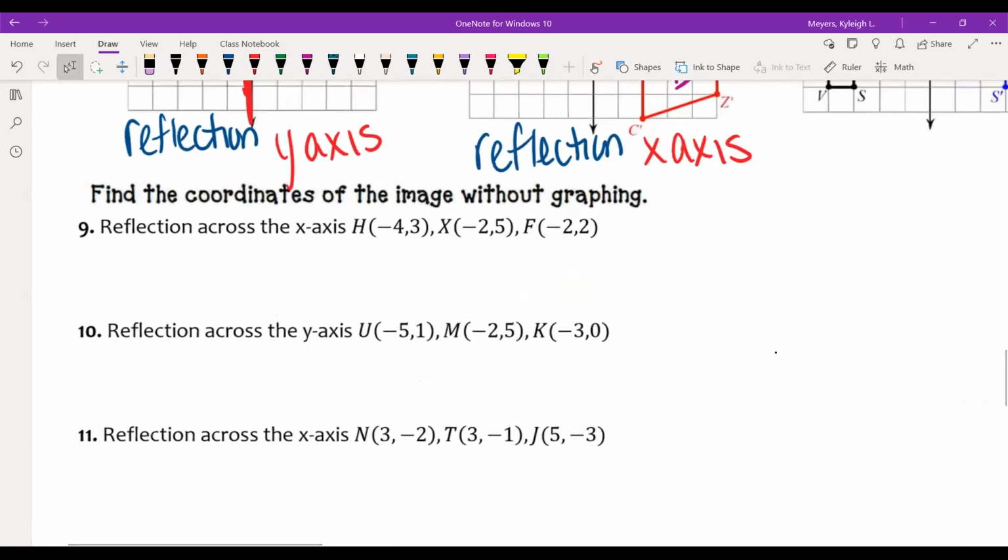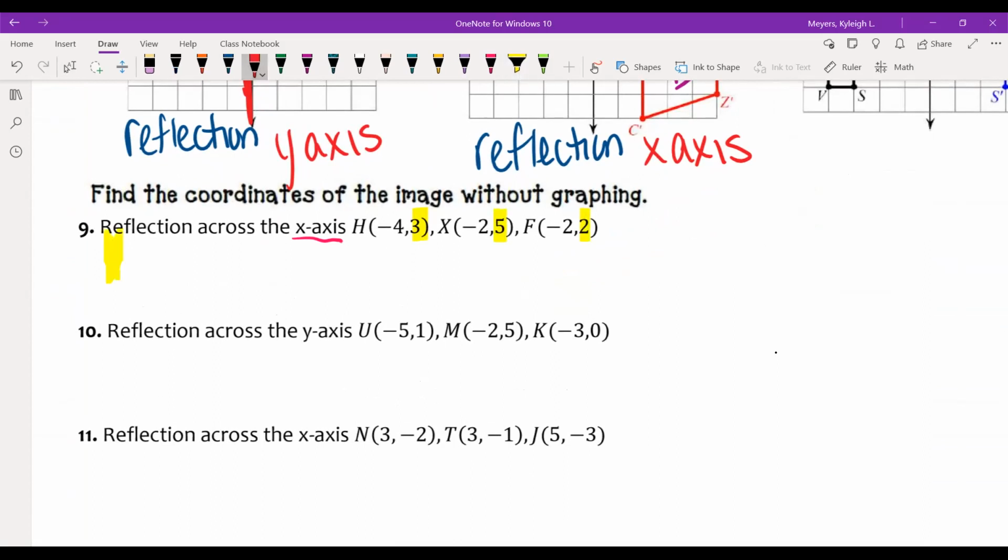So we're going to find the coordinates of the image without graphing. So we do that by multiplying by -1, okay? So if it is going over the x-axis, you multiply your y values by negative.